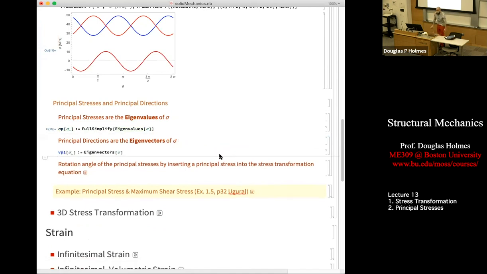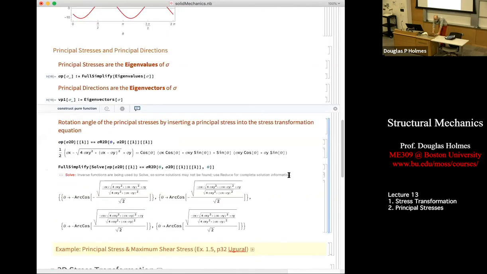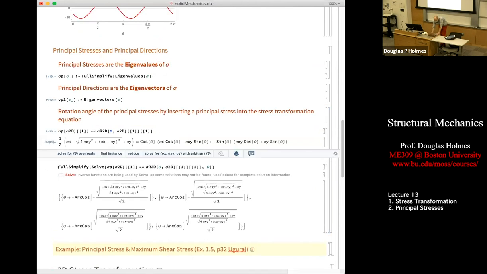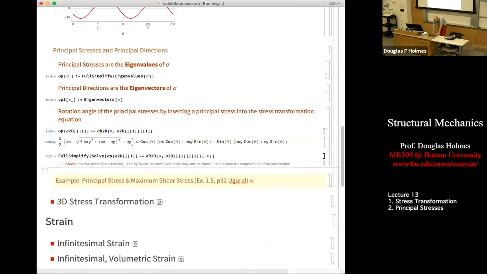Same thing is true for the eigenvectors. The eigenvectors are a messier calculation. You'll notice that we didn't really go through it here, nor did we go through it in mechanics and materials. Calculating the eigenvectors is a little bit more unpleasant, but it's straightforward to do here. Let's see if this works. I think it'll work.